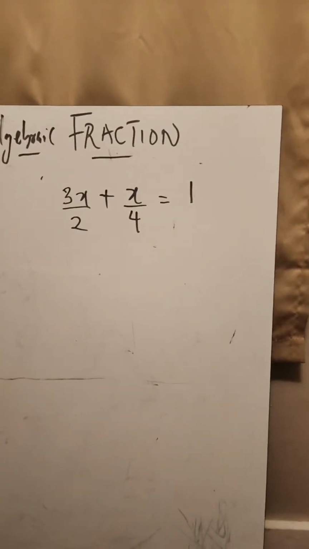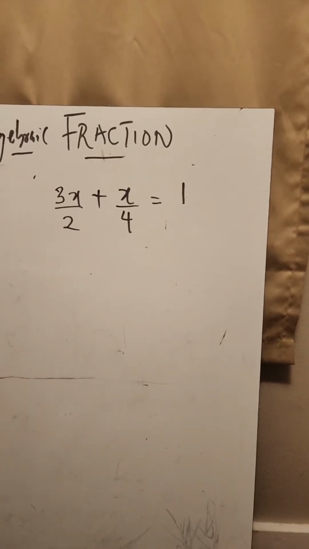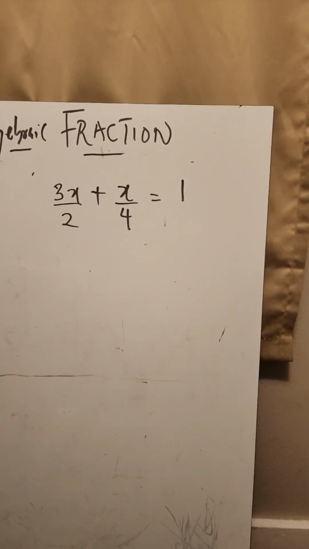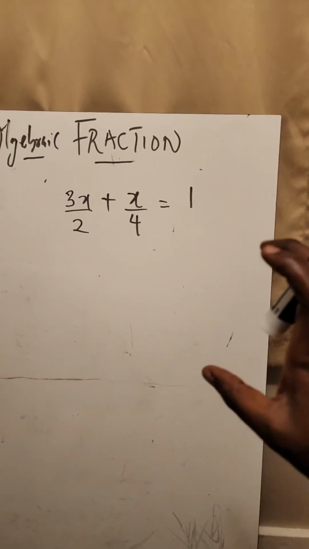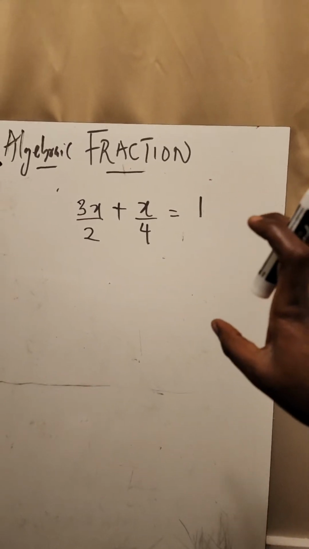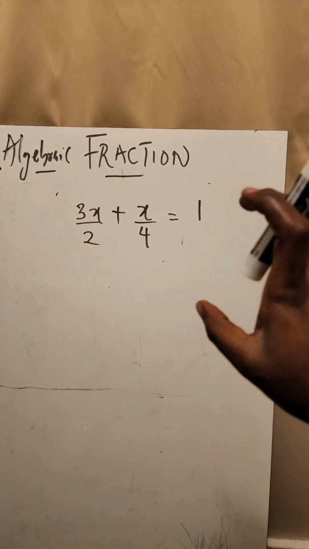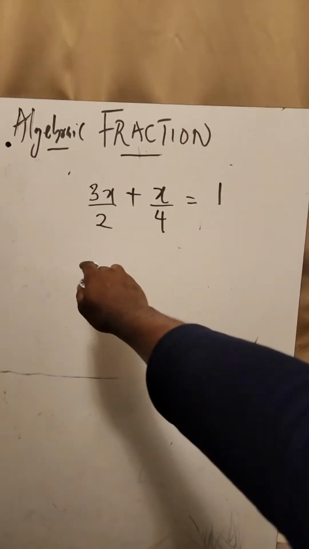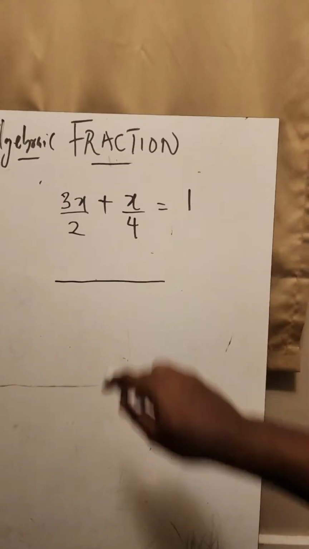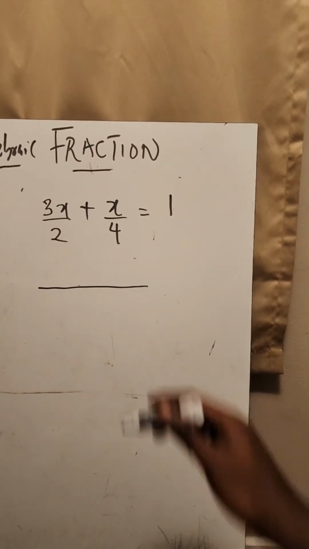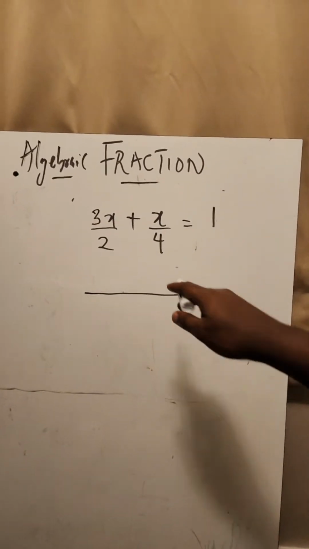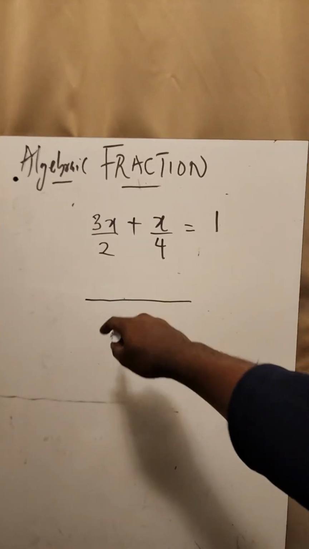Now, looking at this, we have 3x over 2 plus x over 4 equals 1. This is an equation, not just a fraction. The first thing you have to do is the same as in the previous question: find the LCM.